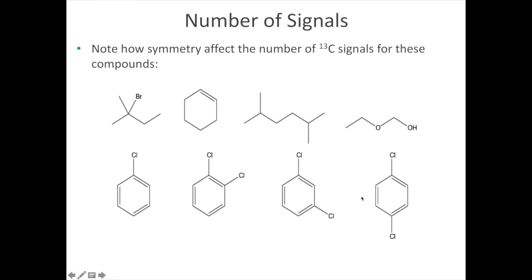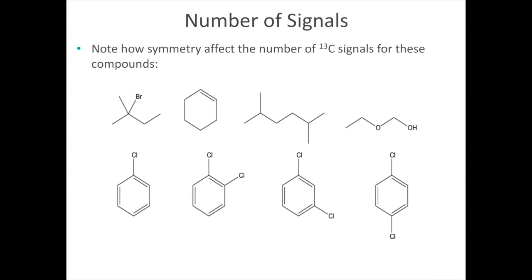So with respect to this line of symmetry, these 2 atoms are the same, these 2 are the same, and these 2 are the same. With respect to this line of symmetry, these 2 atoms are the same, these 2 atoms are the same. So therefore, if you combine those 2 symmetries, there's only 1, 2 types of carbon. So there's 2 signals in that molecule.